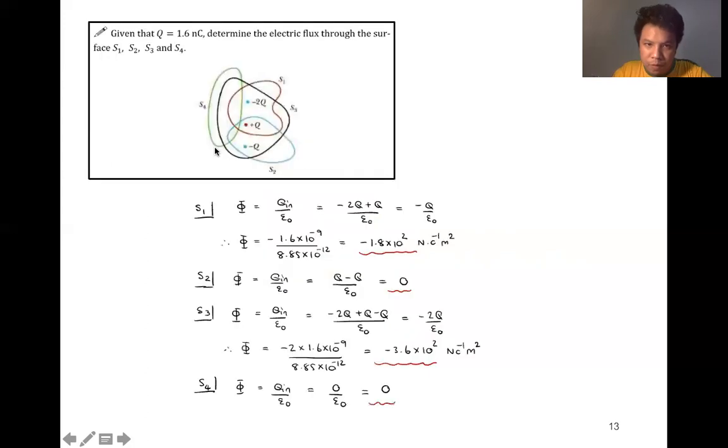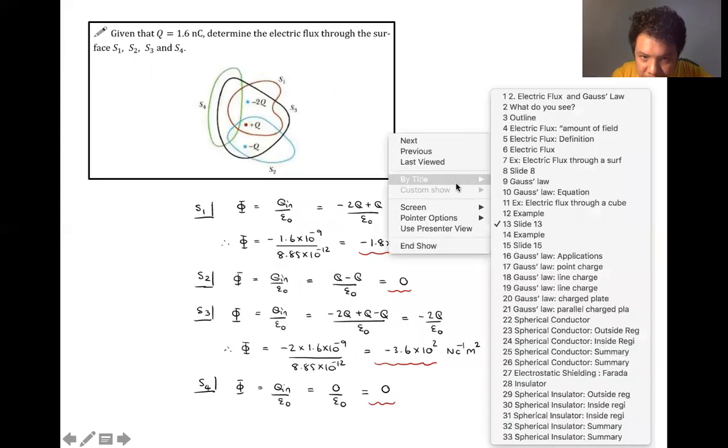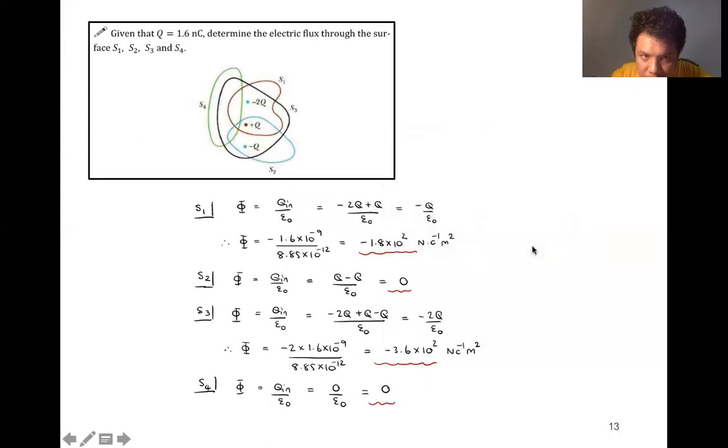Okay. So what we do here is we consider the surfaces one by one. For example, if I consider the surface 1 here, or this area. So you can see that for this surface, Q in is the total charge inside.